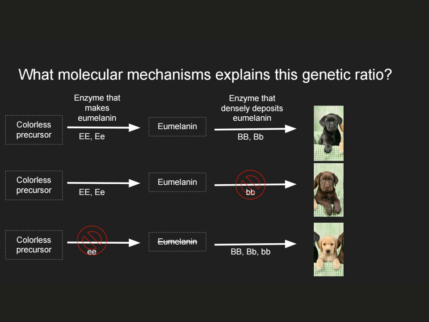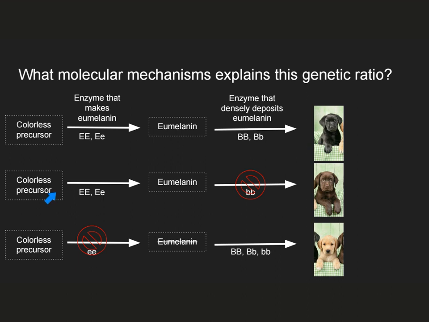So if this dog has at least one copy of the big E allele, it can make the eumelanin. And if it has at least one copy of the big B allele, it can densely deposit that eumelanin, so the dog appears black.